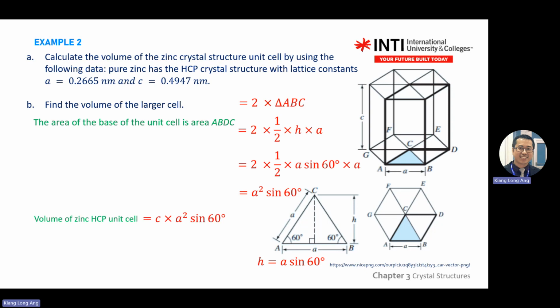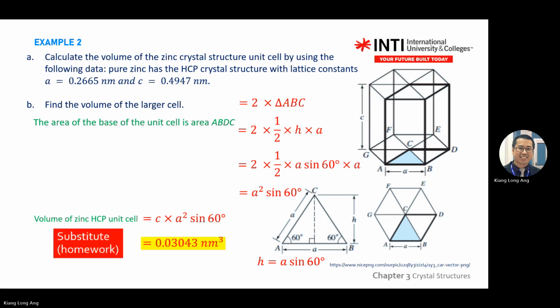Okay, volume. Volume is, once you get the base area, right? C multiplied by the area, right? Okay, you'll get 0.03 nanometer cubed.